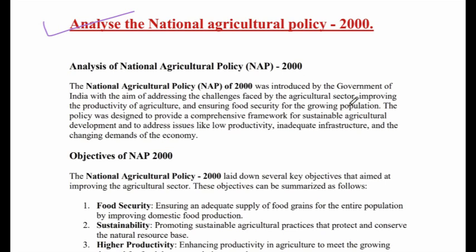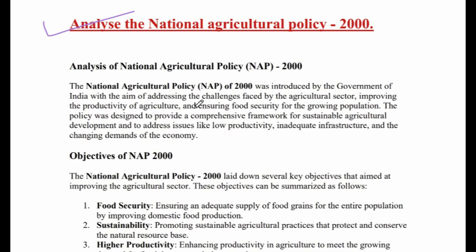Its aims were to improve the productivity of agriculture and ensure food security for the growing population. So these are the three main aims of the NAP.